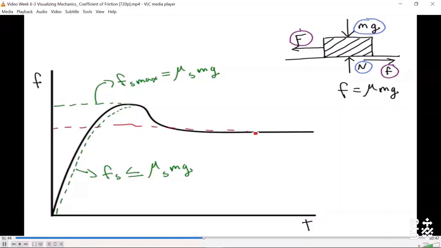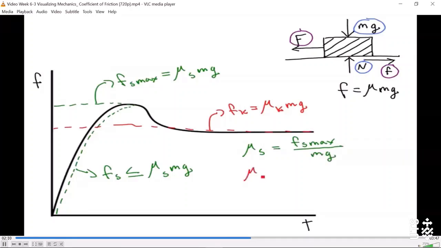Afterwards refers to our kinetic friction, and this is going to be equal to our mu k times mg. Now, if we solve for mu s and mu k, we have our mu s equal to our maximum static friction over mg, and our mu k is going to be equal to our kinetic friction over mg.